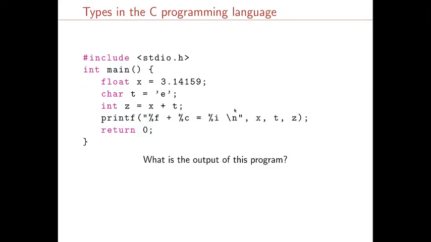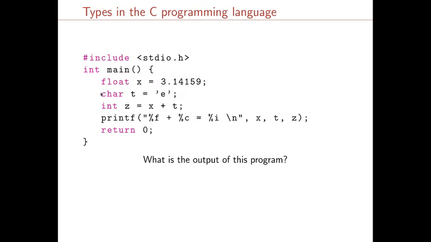The first language we look at is the C programming language, and here is a tiny example program. It starts by declaring a variable x of type floating point, and defining this variable to be 3.14159.